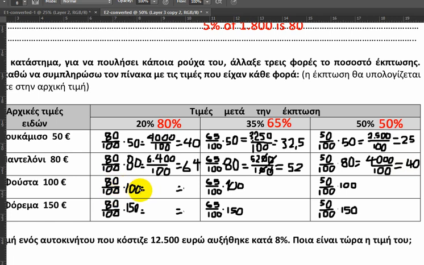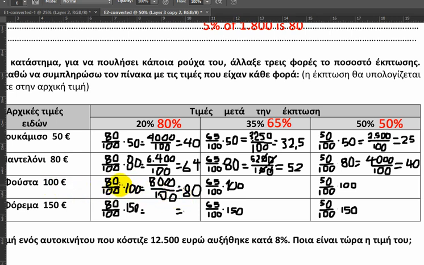Okay, so here you could, yeah, let's just do this. 8,000 over 100, which would make 80.